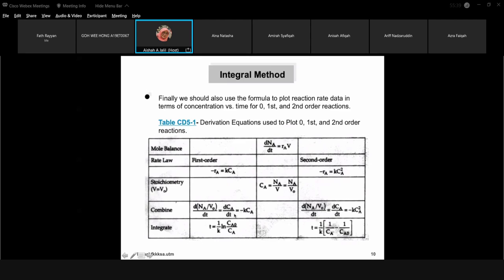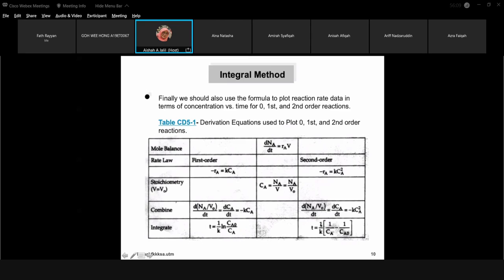Just substitute when you combine this one, negative rA and negative rA. Negative rA equals kCA. So you got this one. And then when you put it into, oh, this is t. Then the second one, same, you have to put inside, for example, negative rA, put this one, do like this, same.